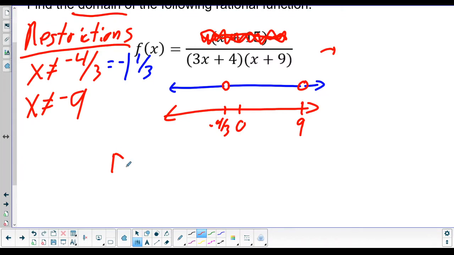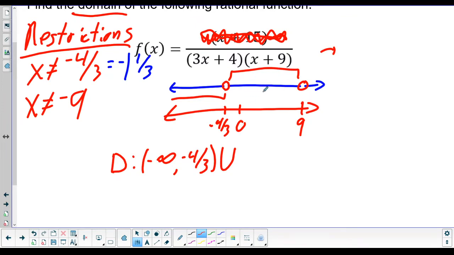So the domain for this function is going to be from negative infinity, because we always start on the left with our arrow, to this first hole, which is at negative 4 over 3. Parenthesis, because we're not including the point, it's a restriction, you're not allowed to use it. Union to connect the next little chunk.